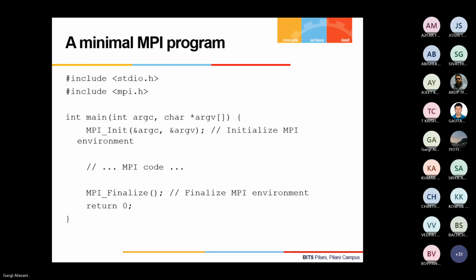Each of these processes can access their private memory space, and if there is any data exchange happening between these processes through message passing, that memory will also be utilized.